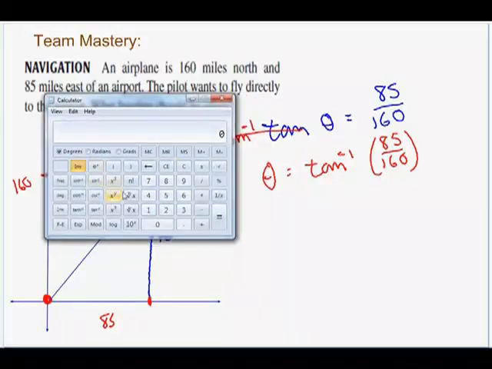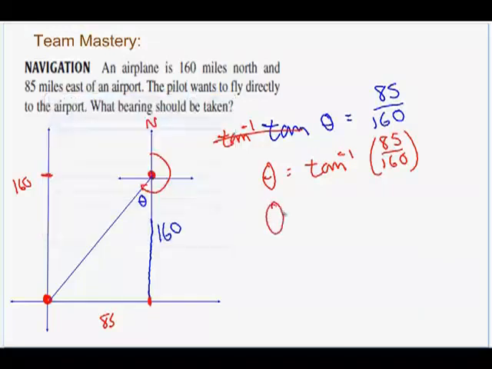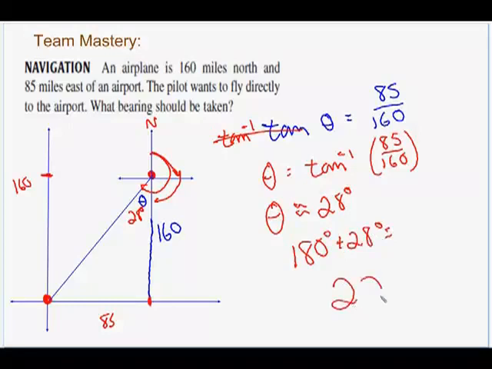So inverse is again 85 over 160, and then we tan inverse that value. 27.979. Let's just make that 28. Tangent's approximately 28 degrees. So this angle here is 28. And again, we have a 90-degree angle, and then 180. 180 plus 28 will give us our bearing. So a 208-degree bearing.